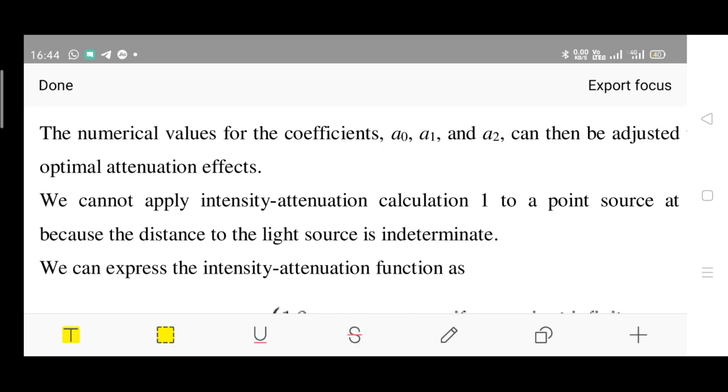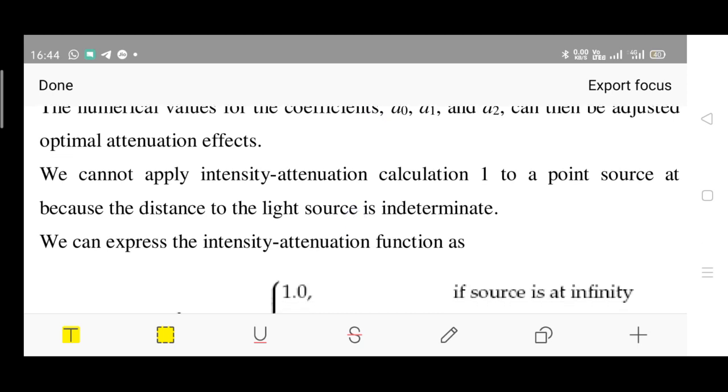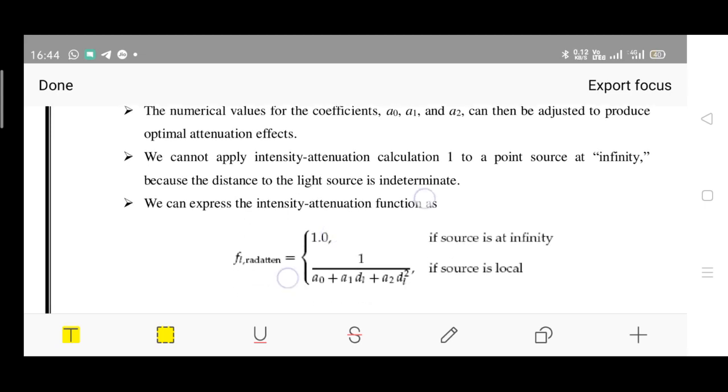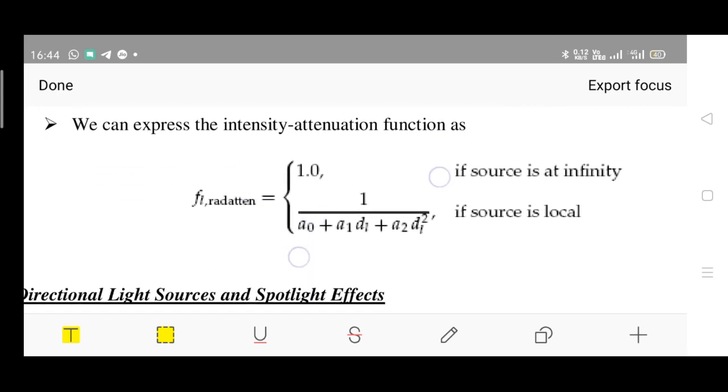We cannot apply the intensity attenuation calculation to a point source at infinity, because the distance of the light source is indeterminate. In case of infinite light sources, where the distance between the light source and the model is infinite, we cannot apply this function. We can express the intensity attenuation function as follows.